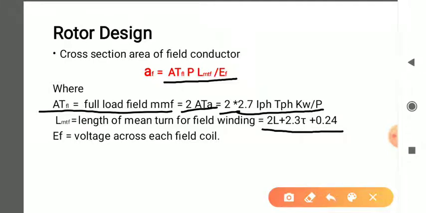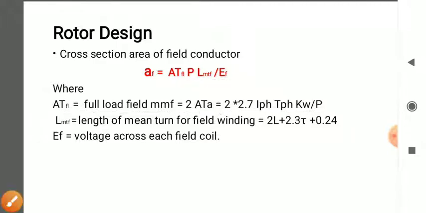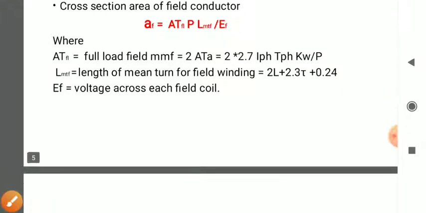So once we calculate the voltage across each field coil, then by inserting these values in the expression of size of conductor, we can determine the size of field conductor very easily. So in this way, we normally design the armature, air gap length and rotor of the synchronous machine. Thanks for watching.